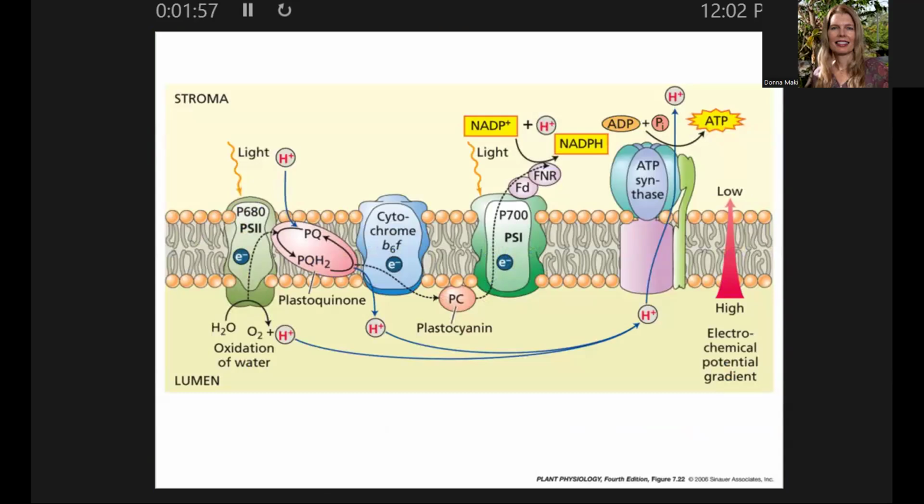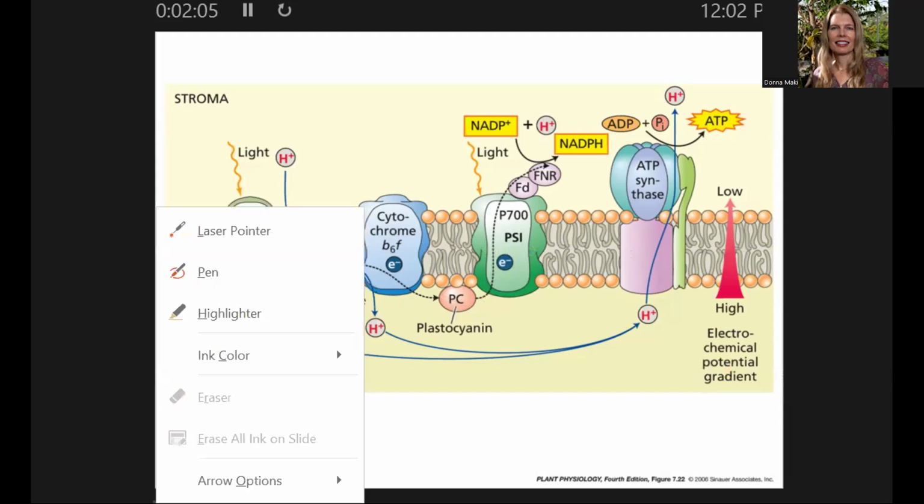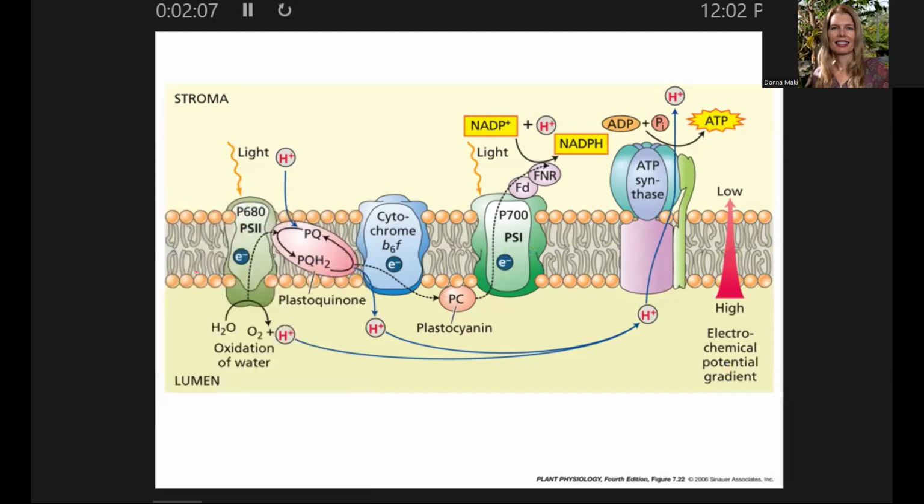And this idea that you're peering into the chloroplast and you are looking at the thylakoid membrane that's floating around inside the chloroplast. And so by the time the light reactions are done, you have that lovely NADPH and the ATP, and that's all being produced in the stroma, which is really good because that's where the carbon fixation will start to kick off.